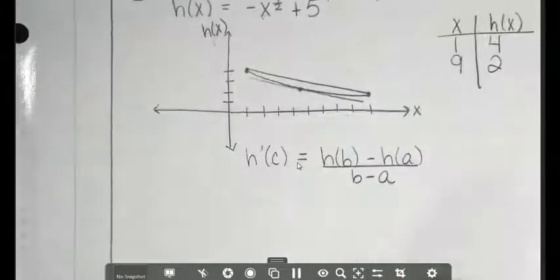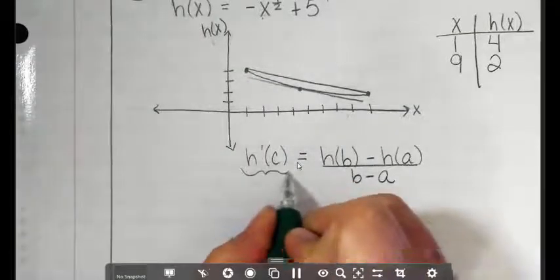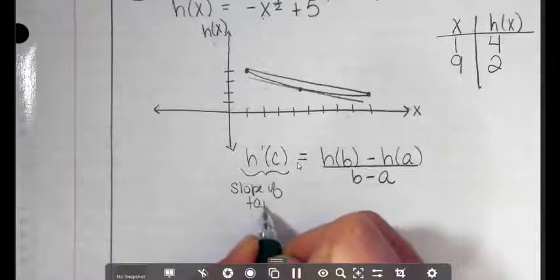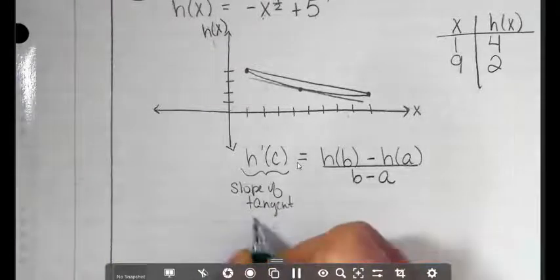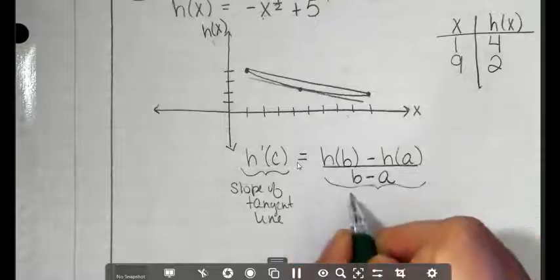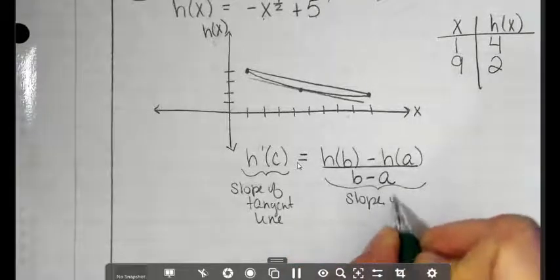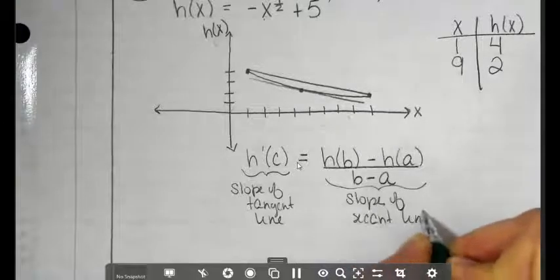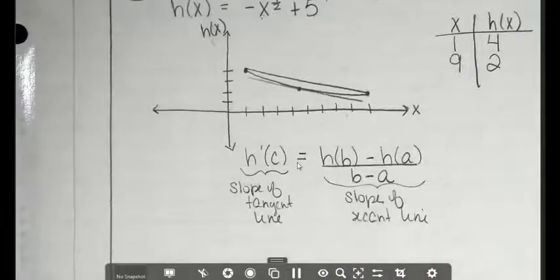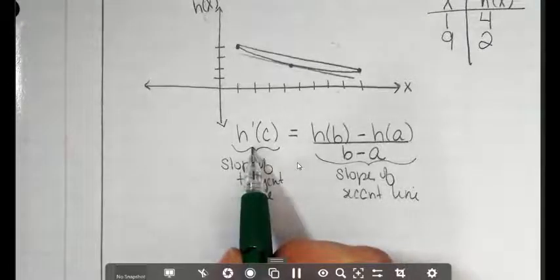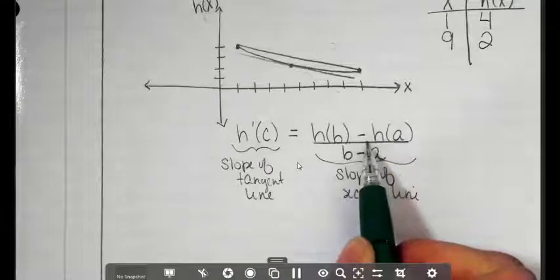Right here we've got the slope of the tangent line, or the instantaneous rate, and over here we've got the slope of the secant line, or the average rate of change. We're looking for where those are equal. So I think it's important for me to figure out what the derivative is, and also the slope here.